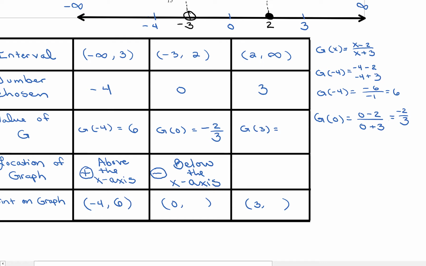This is very helpful to know the location where it's going to be on this graph, because it's going to help you when you're drawing this sketch. It's important to know whether you're above or below the x-axis. G of 3 is going to come out to 3 minus 2 over 3 plus 3, which is 1/6. It's a positive number, so it's above the x-axis.